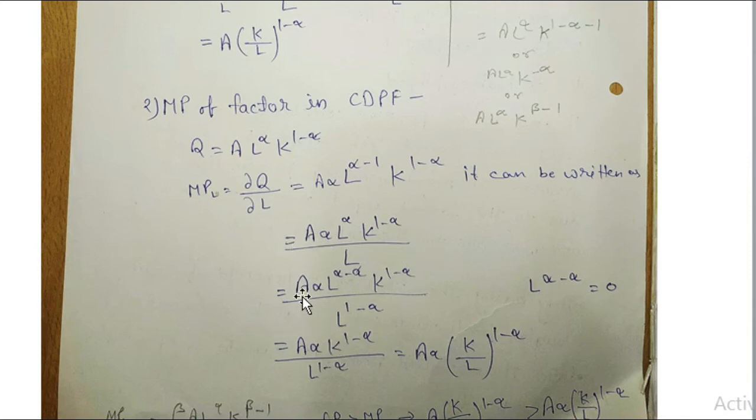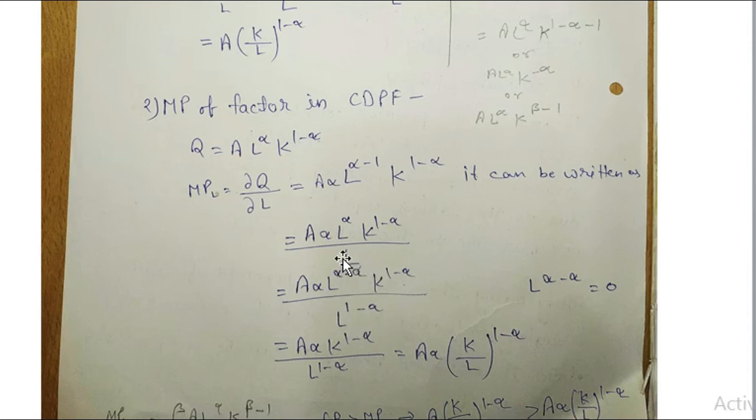So further, when you simplify it, you write A alpha L^(alpha minus alpha) K^(1 minus alpha), and in the denominator L^(1 minus alpha).